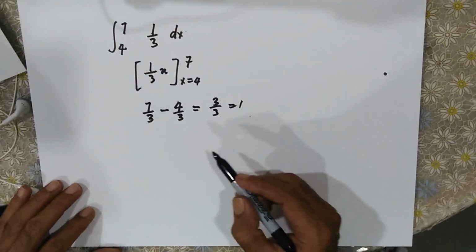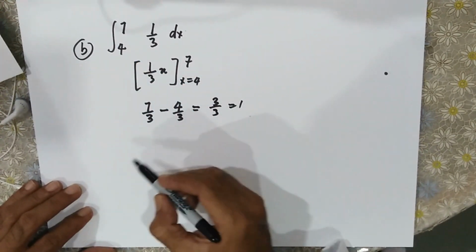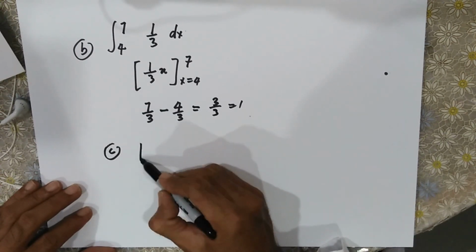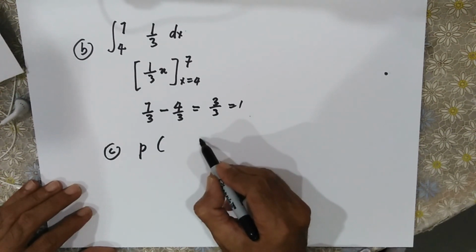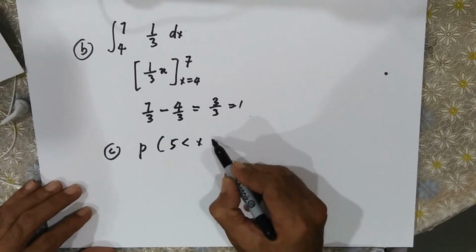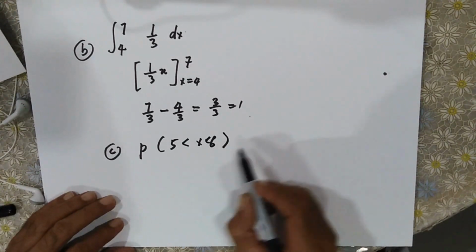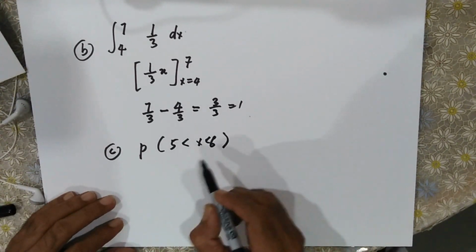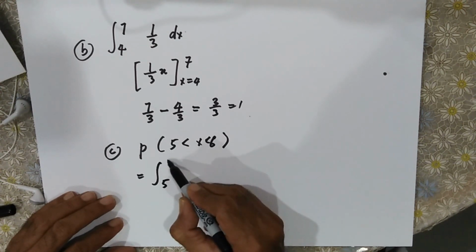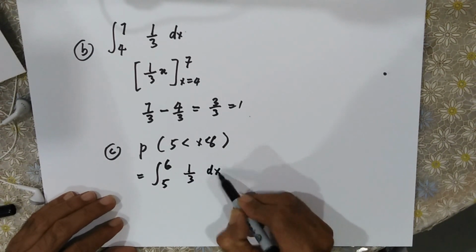Let's say I want to find the probability of x in between, let's say, 5 and 6, for example. The probability of x in between 5 and 6 is equal to the integration from 5 to 6 of 1 over 3 dx.